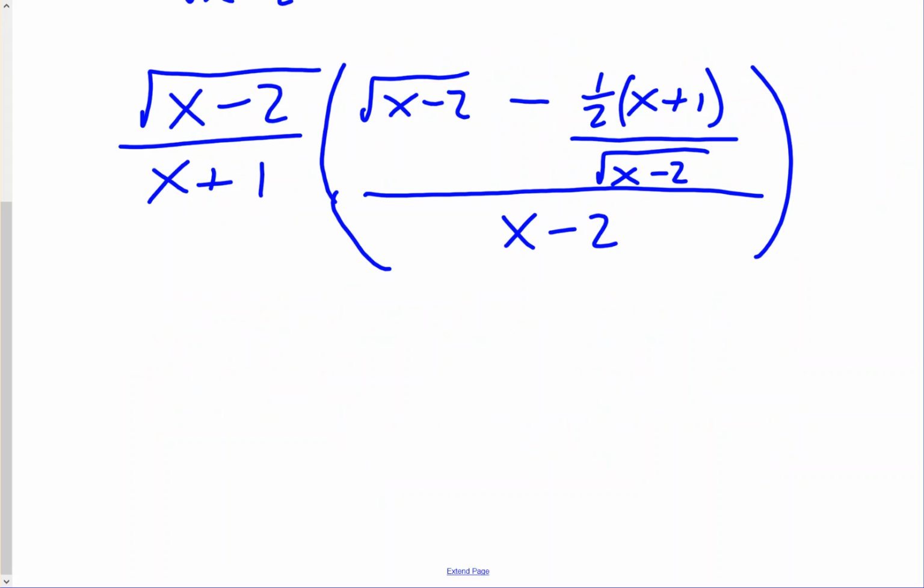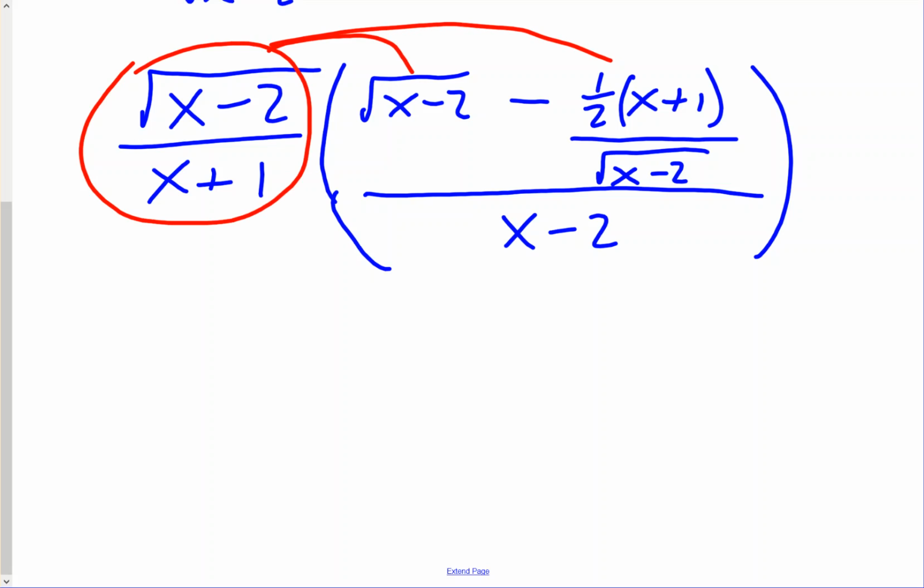Next, if we distribute this outside term to our expression inside, we'll see that the square root of x minus 2 times square root of x minus 2 would just be x minus 2.